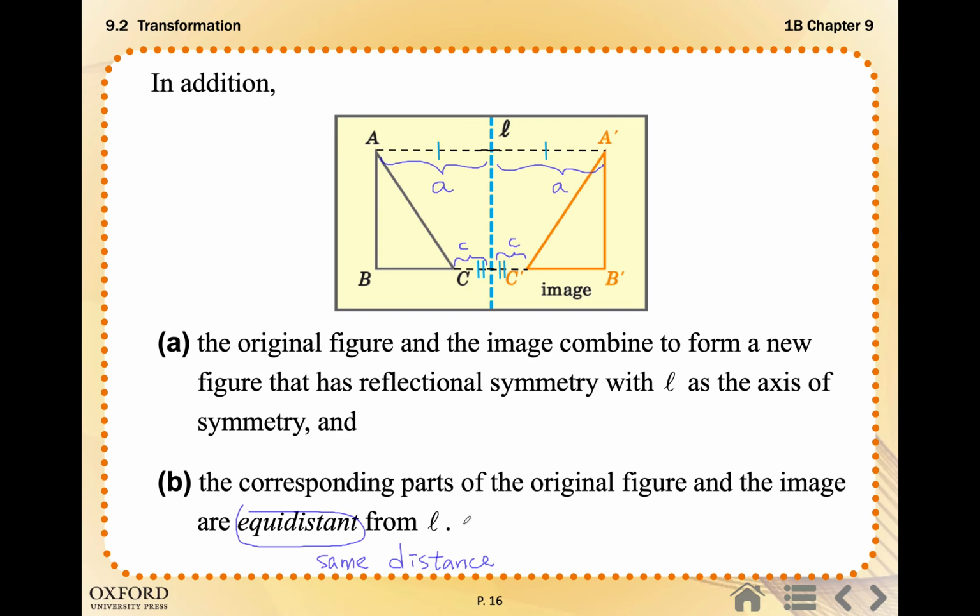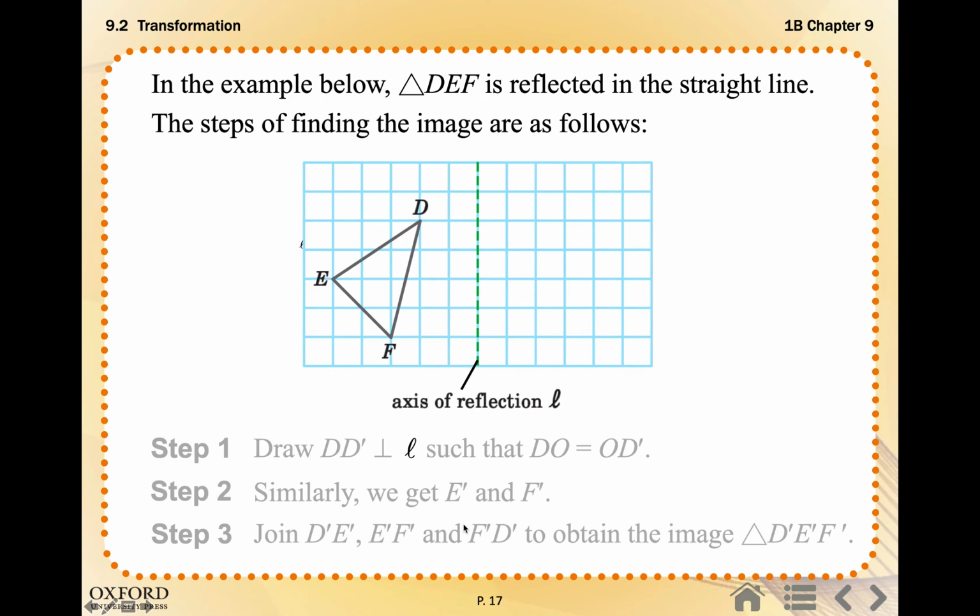And then let's look at another example on the next slide. In drawing the refraction, you have to follow steps like this. For example, you have a figure, the triangle DEF here, and it is refracted about this line L, which we call the axis of refraction. What is your first step?